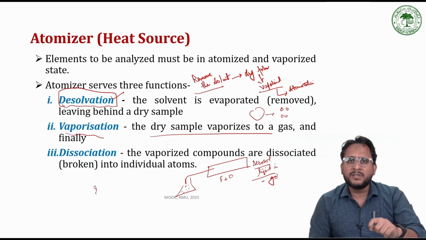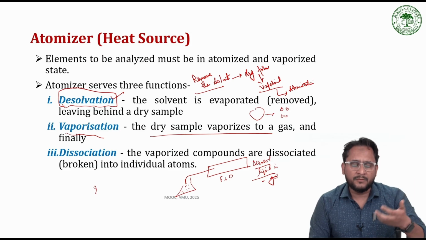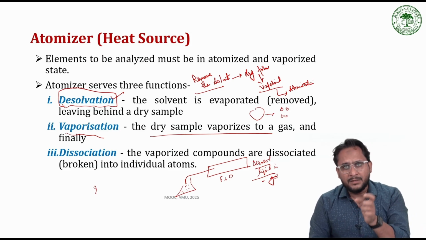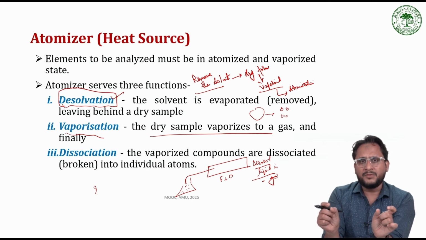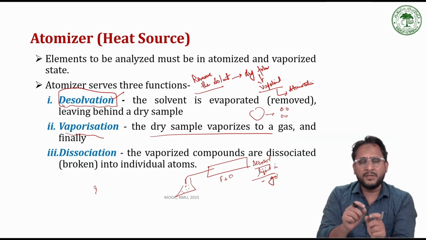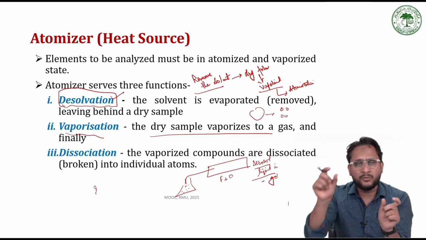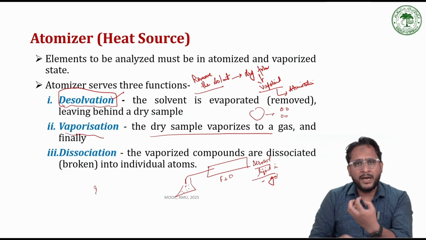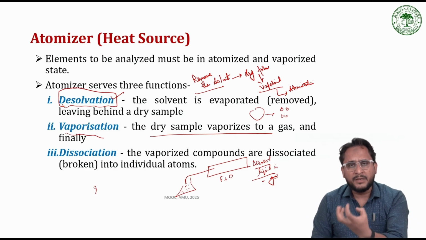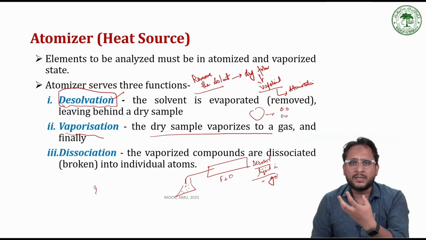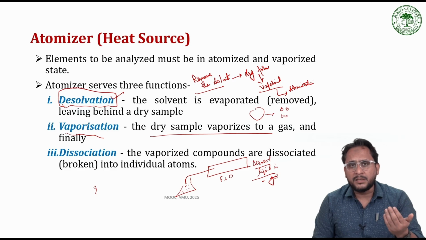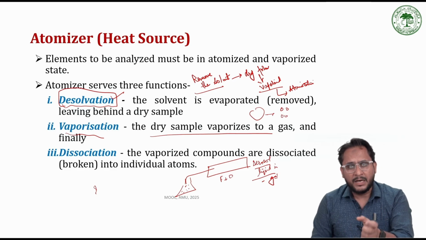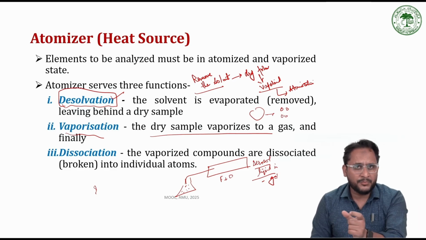In the very first stage, the solvent is evaporated, resulting in a dry sample. Then that dry sample is vaporized to get a vaporized sample. And at this stage, the vaporized sample, meaning the molecules that are present in vapor form, are atomized, or dissociated into individual atoms, and now these atoms are ready for absorption of light.